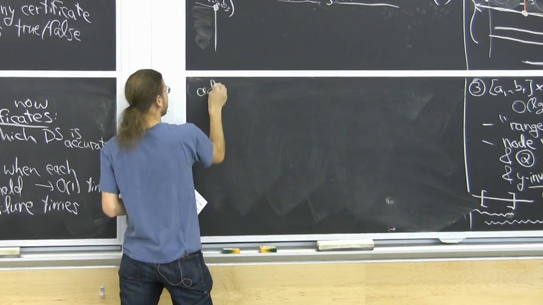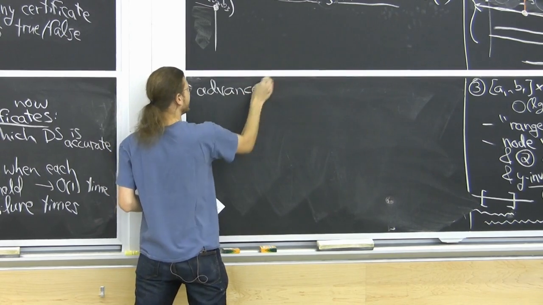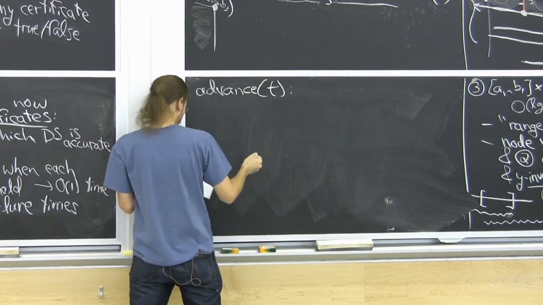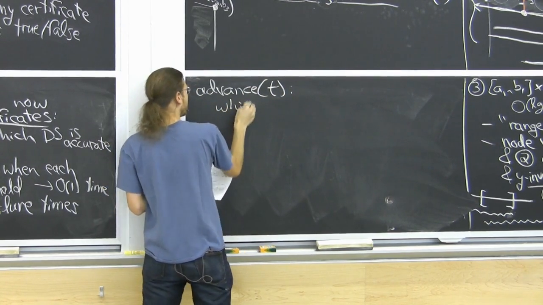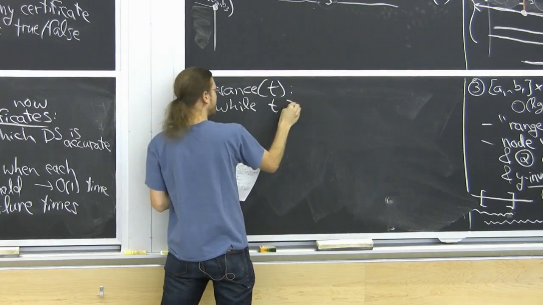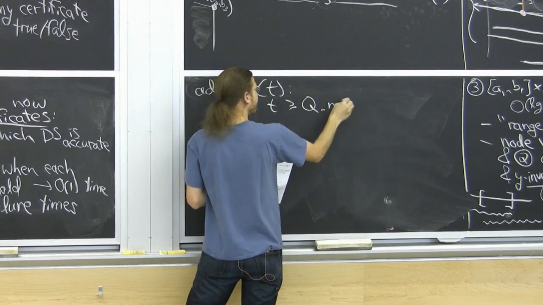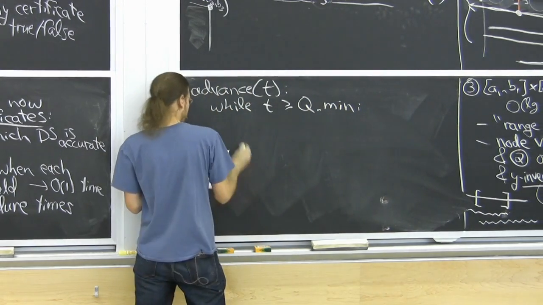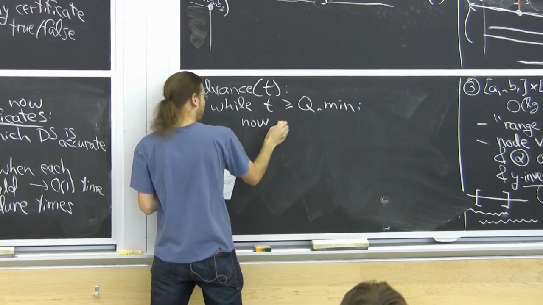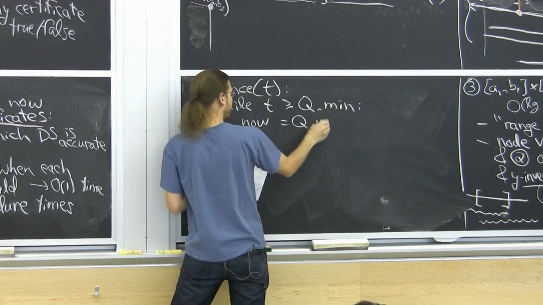So here's how we're going to implement advance. Basically, in all kinetic data structures, we just say while t is greater than or equal to the next failure of the priority queue, we advance to that moment in time when something interesting happens.